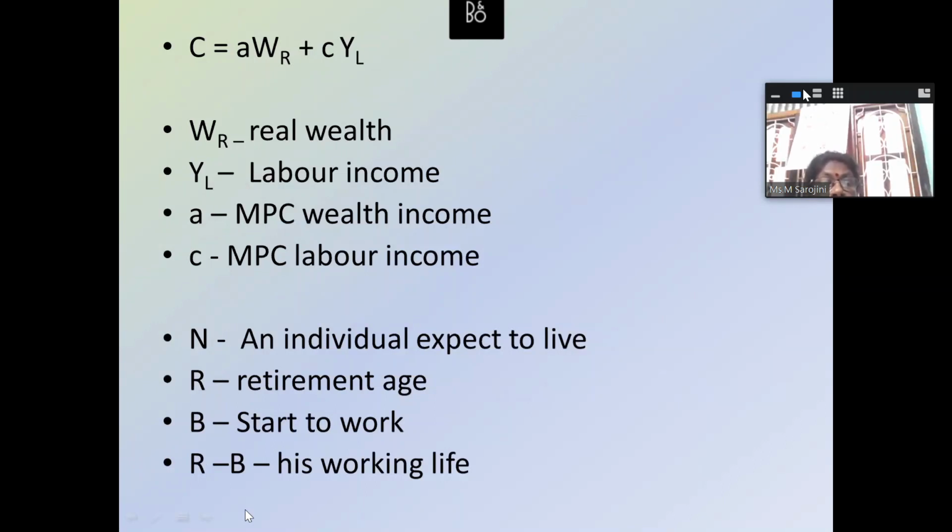The N indicates the individual's expected life, that is the life expectancy, and the R indicates the age of retirement, at which age he is going to retire from his work, and B indicates the start of work, at which age he is going to start work, and R minus B indicates his working period or working time. These are the basic things to calculate the current expenditure, current saving, as well as the future saving.